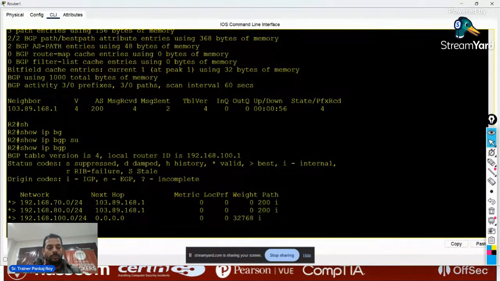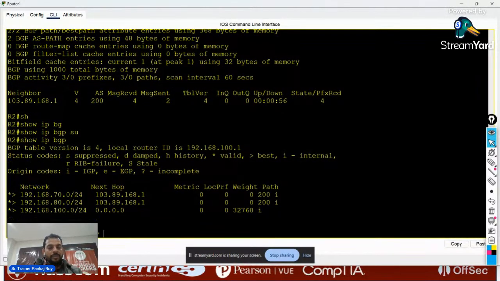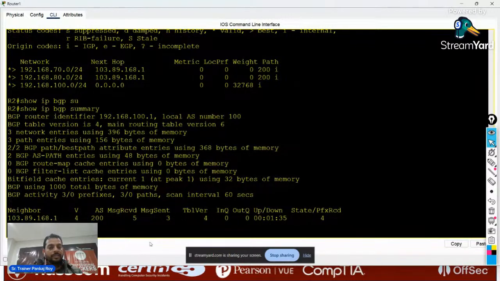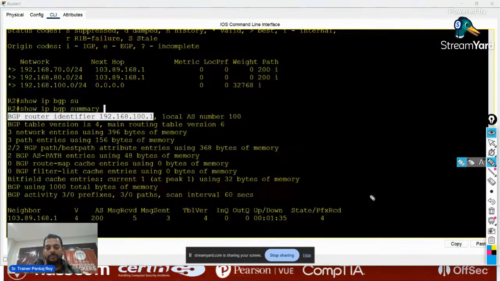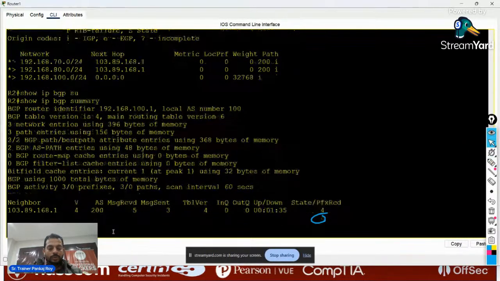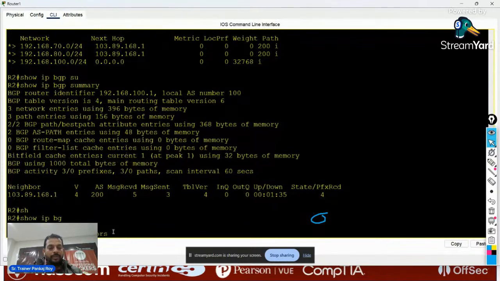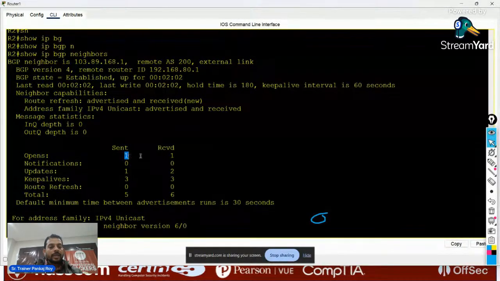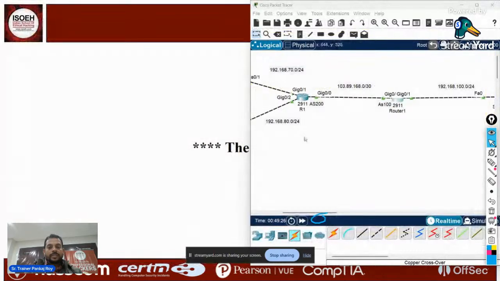If you want more details, the BGP summary shows 4 there, with the local AS number and the BGP router identifier. So 4 packets are being received here. Okay, but I want to show another. Show ip bgp neighbor: look at that, the packet is sending 1 and 3, keepalive is 3, 5 total, 5 and 6. So the next router is this way.